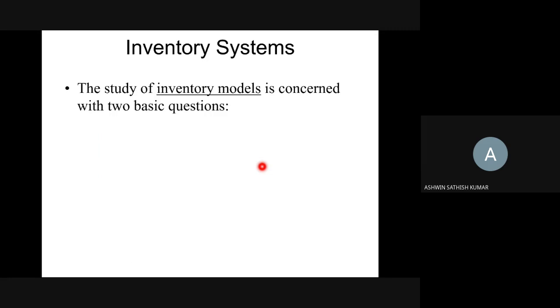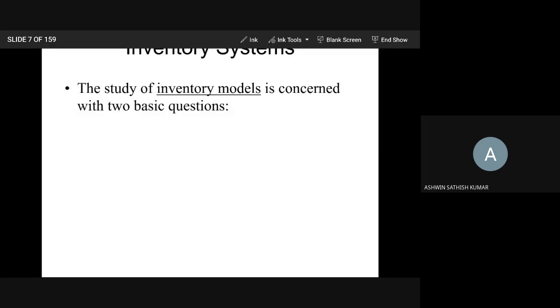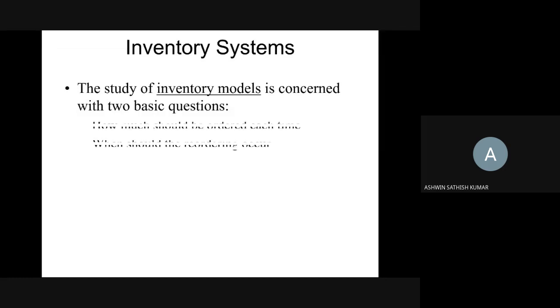So from this, in our mind, we have two questions. The study of inventory model is concerned with two basic questions. Means in inventory management, always we have to answer these two questions. What are the questions? Here, how much should be ordered each time? Means what is the economic or optimal order quantity?